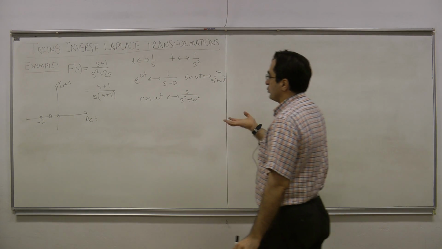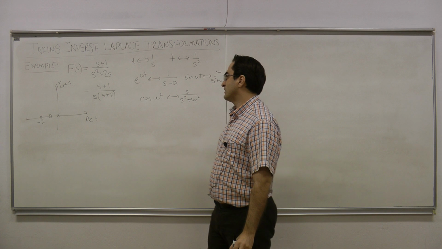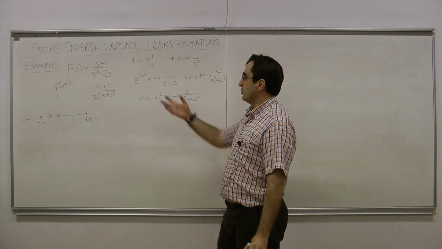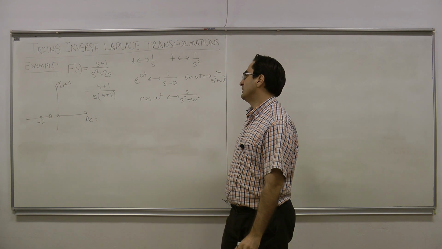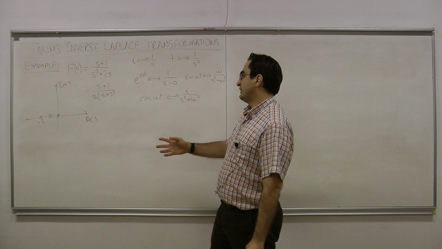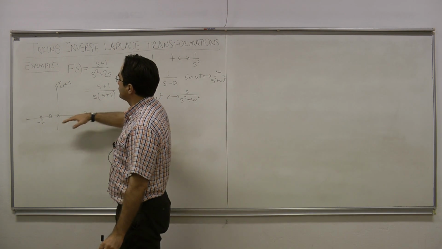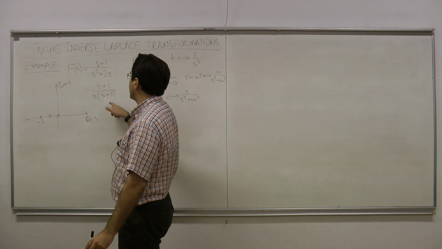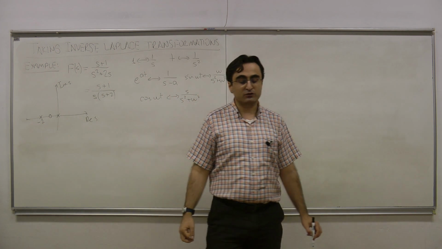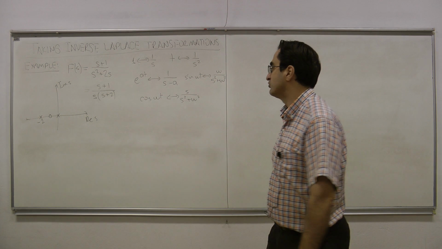What is going to be important for taking the inverse Laplace transformation is going to be the poles of the Laplace transformation. So here, by concentrating on only the poles, I will be able to tell what type of time function we have with this Laplace transformation.